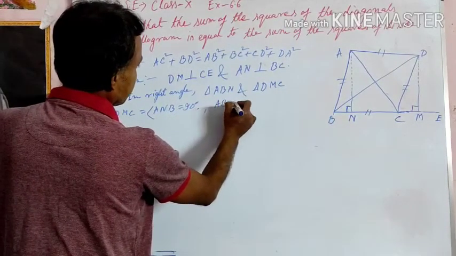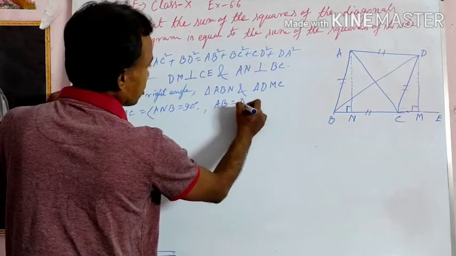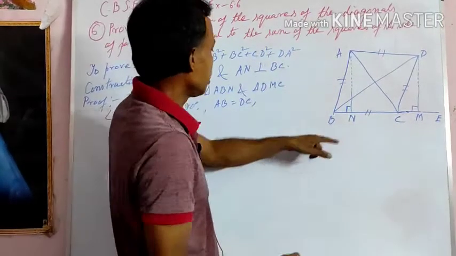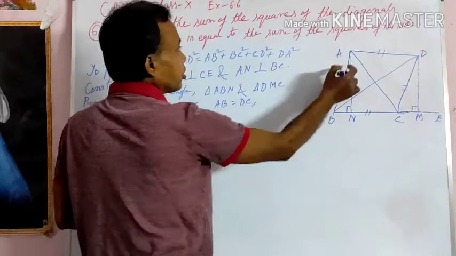AB is equal to DC, and AN is the perpendicular distance.